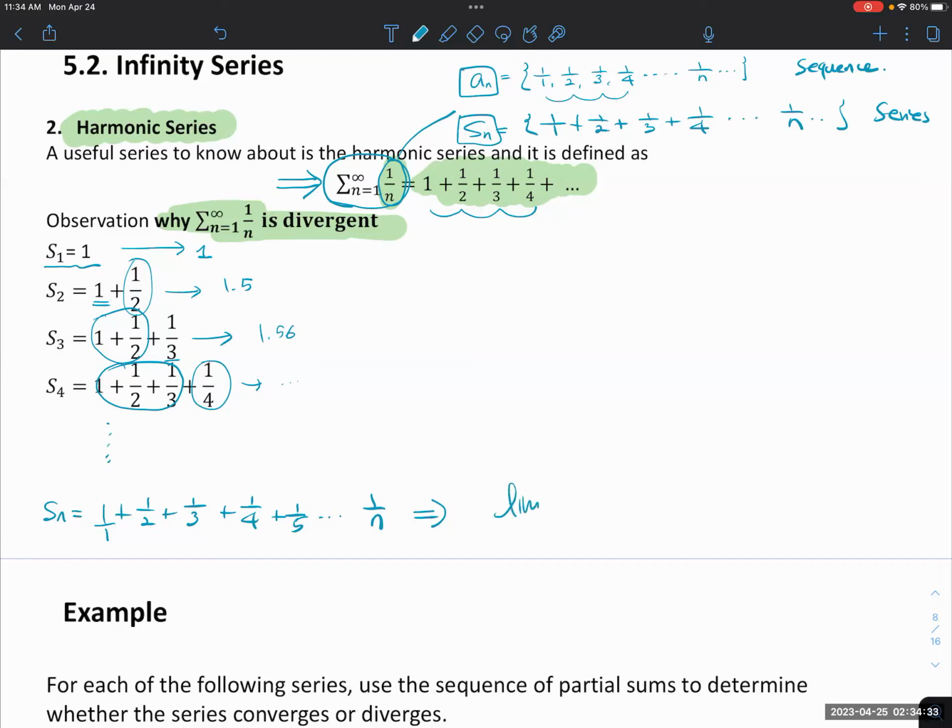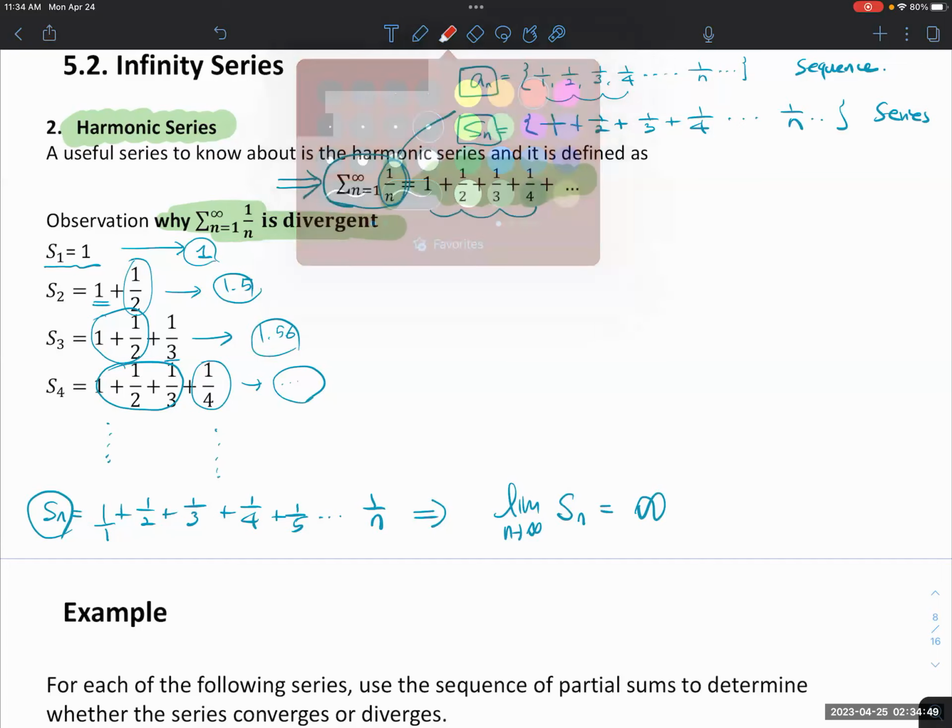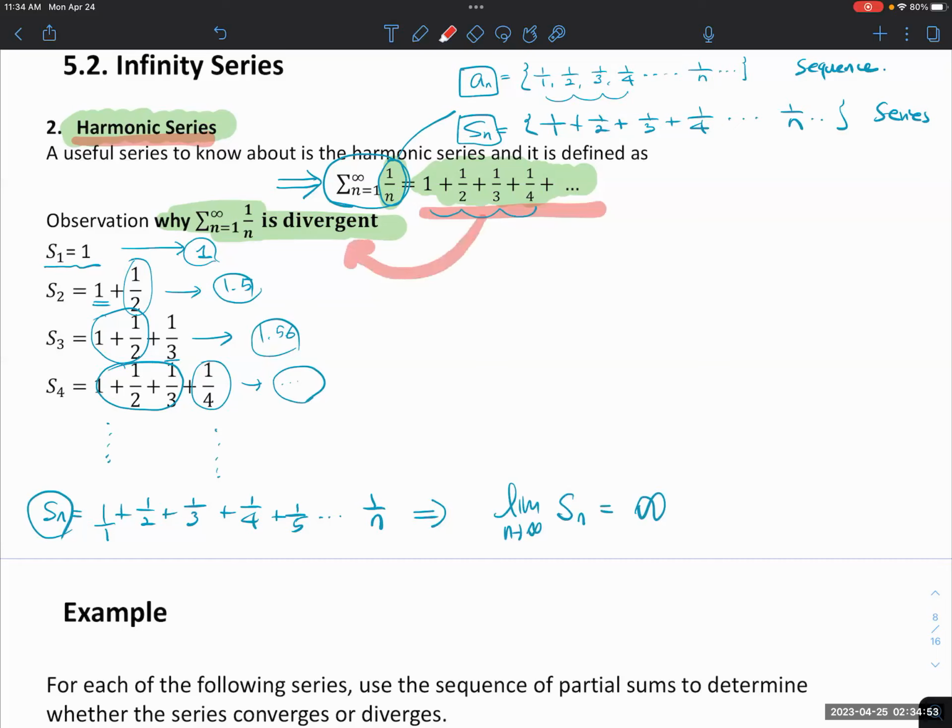So the limit as n approaches infinity of Sn, this series, is always infinity, because they are getting larger and larger, slowly. You don't need to actually prove it. Just remember, if you have a harmonic series in this format, it's always divergent to infinity. So that's one rule about harmonic series, okay?